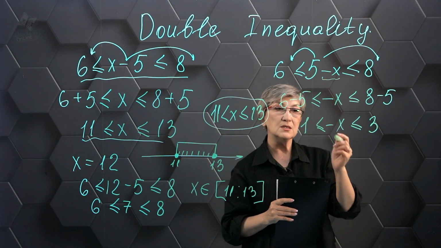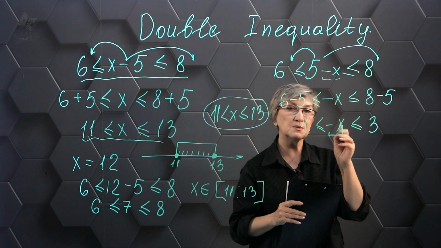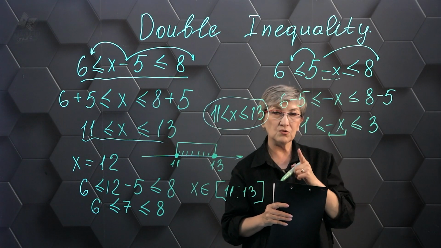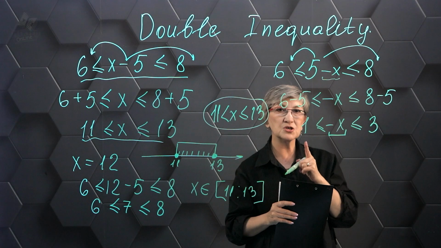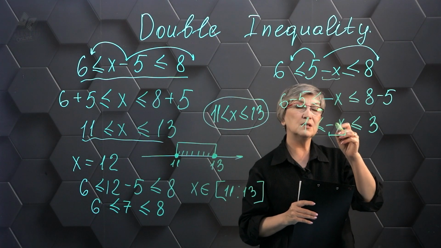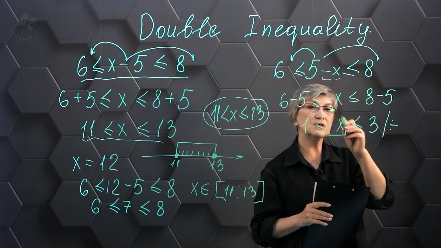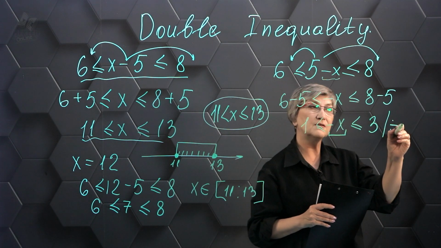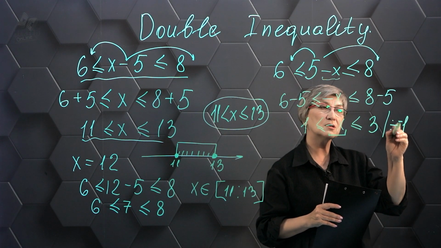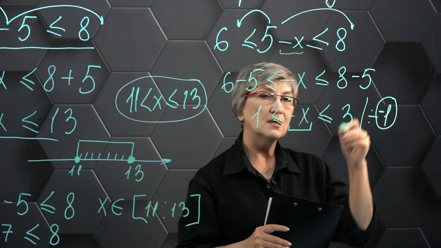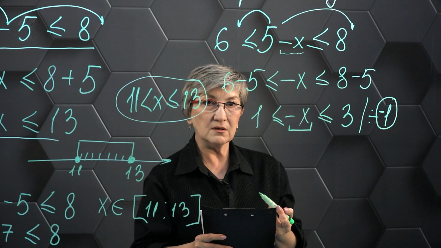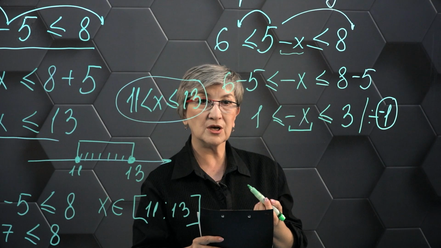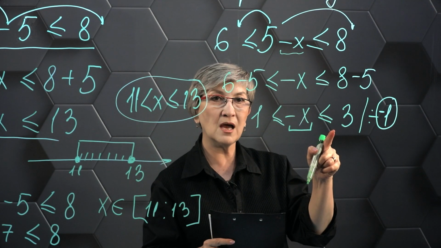Why? The fact is that we have minus x in the answer, but we need x. And now a very important point when solving such inequalities. We must divide by the coefficient of x, and this coefficient is equal to minus 1. If in an inequality we divide or multiply by a negative number, then the signs change.